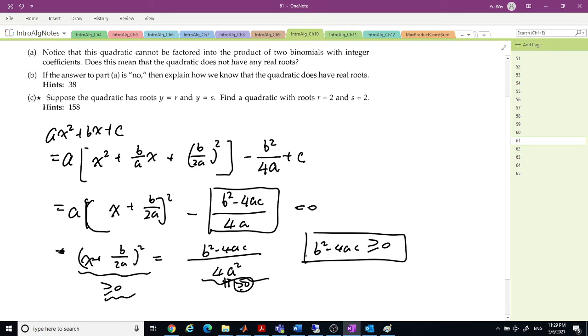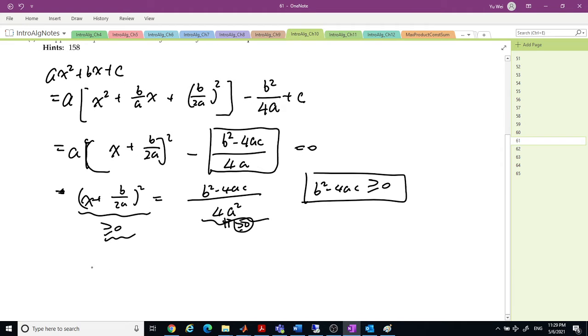Okay, if this is the case, you have the roots, right? x plus b over 2a is equal to plus or minus the square root of b squared minus 4ac over 2a, and we always define delta as b squared minus 4ac.